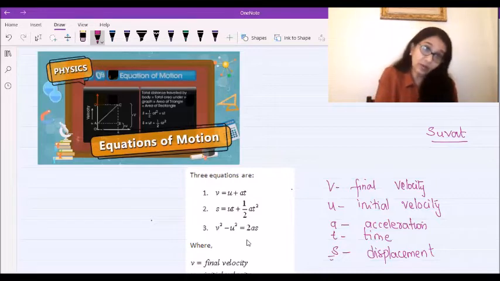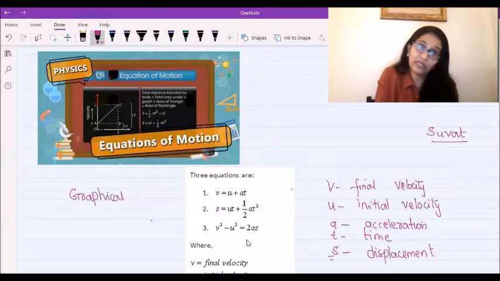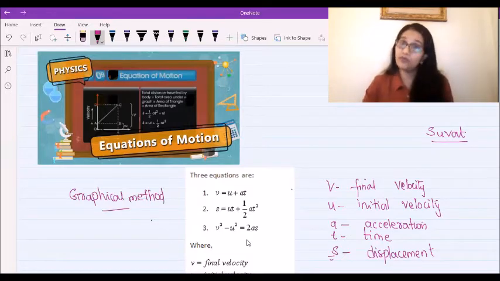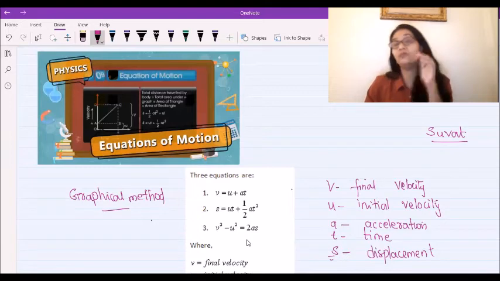We have 3 equations of motion. You have to derive them, it can be asked as a 3-mark question, and you have to use these equations for solving numericals also. So we will derive each equation one by one.